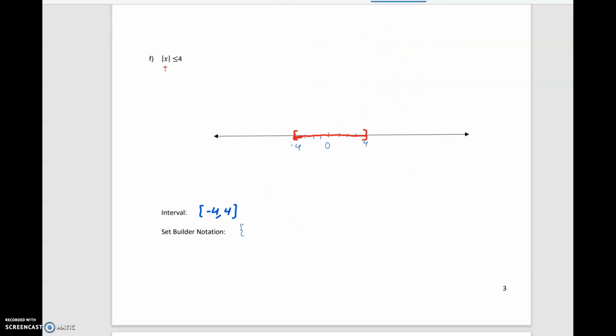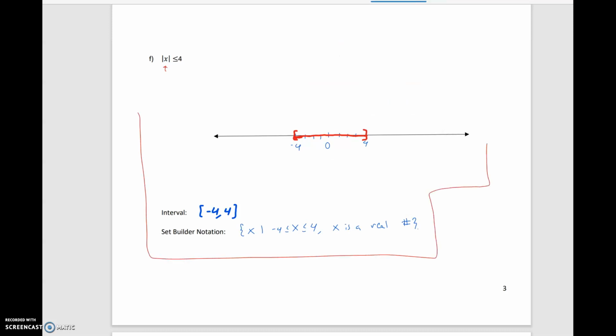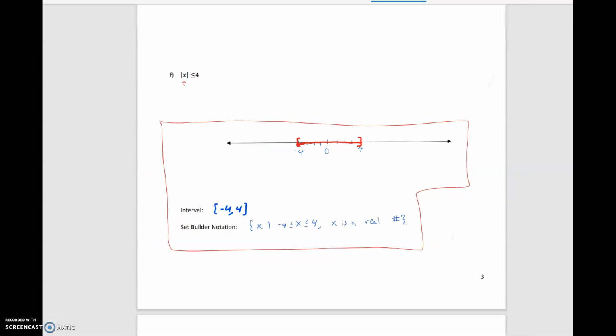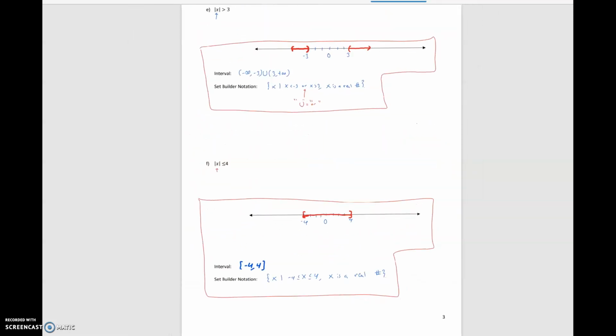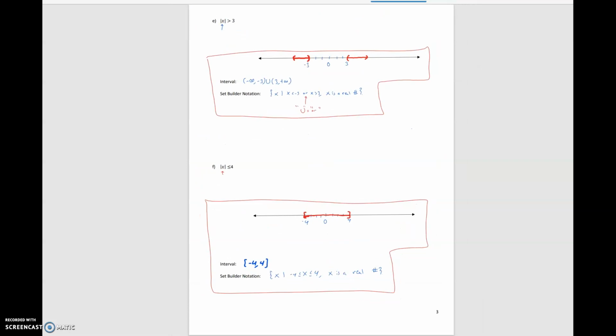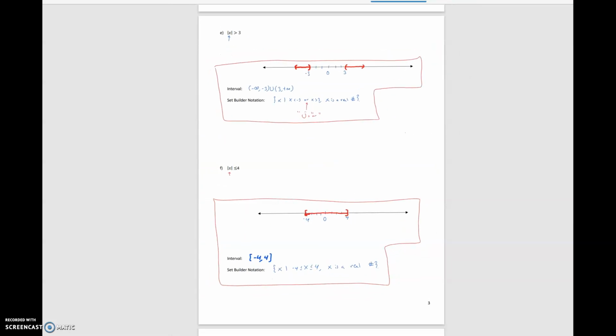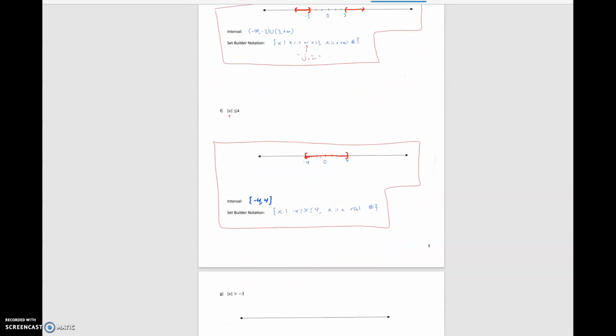In this case, this will be the set of x's such that x is less than or equal to 4 and greater than or equal to negative 4, and then x is a real number. That's it for F. So F represents distances less than or equal to 4. And E represents distances greater than 3. That's it for these two.